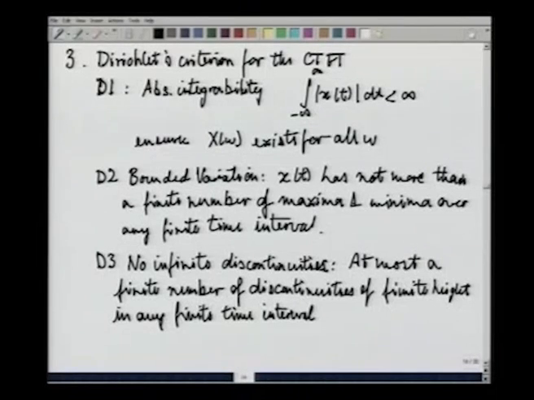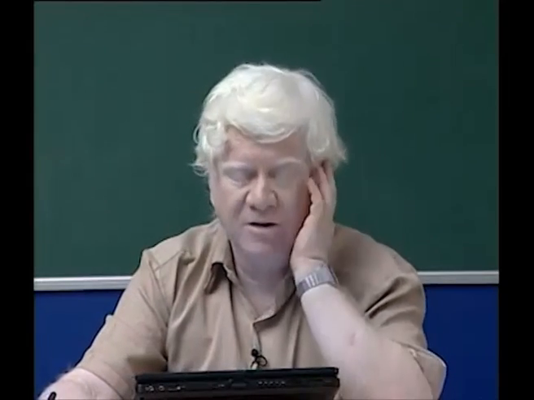Now, what do you get if you follow these constraints? That is, what do you get if a certain x(t) meets all these constraints?